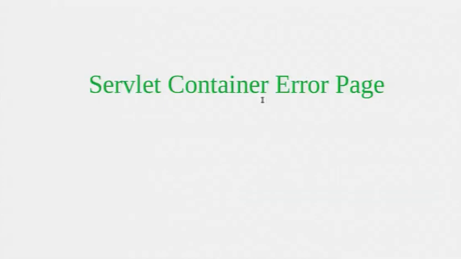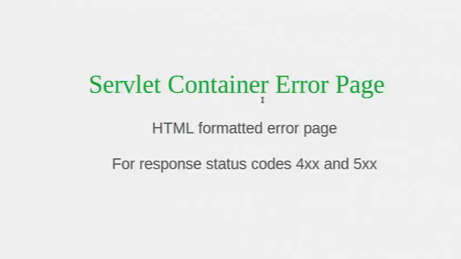Something else which is worth mentioning, not necessarily a Spring MVC feature, but something that came around in Servlet 3, which I think is pretty useful and maybe could have been there for a long time. So you know that if you have an unhandled exception in your container, what you're going to get back commonly is an HTML formatted error page. And that's not very nice if you're doing a REST API because, who wants HTML in the body?